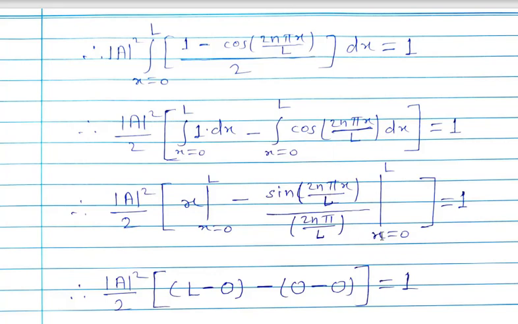And even if we substitute the lower limit, x is 0, this term itself becomes 0, and sine of 0 is 0. So in both cases, while substituting the upper limit and lower limit for x, this sine term becomes 0, and hence this results in 0 minus 0. And this bracket is completed, and that is going to be equal to 1.